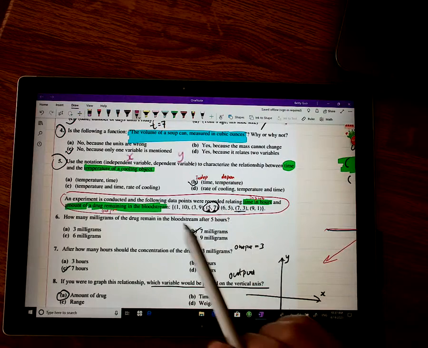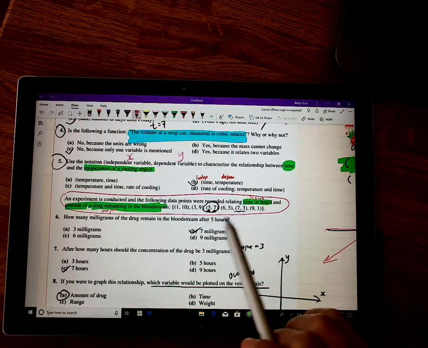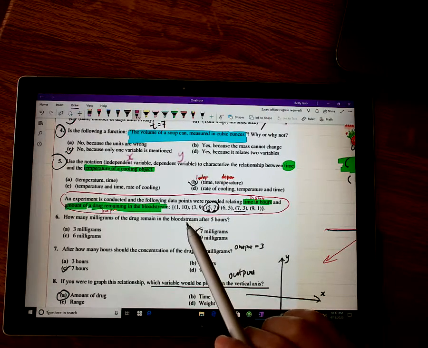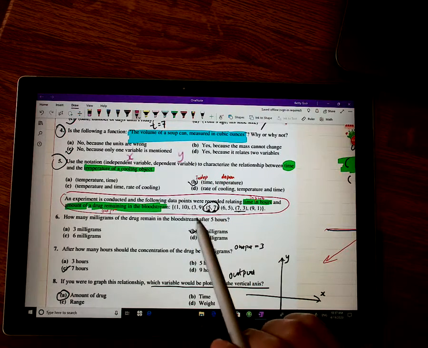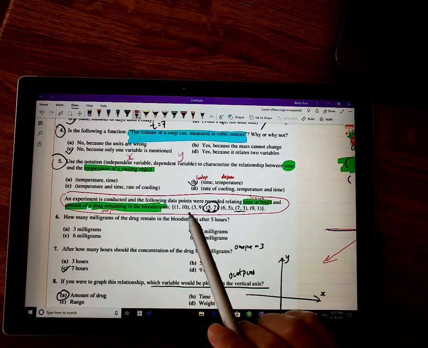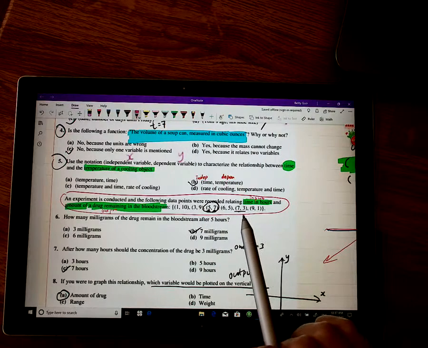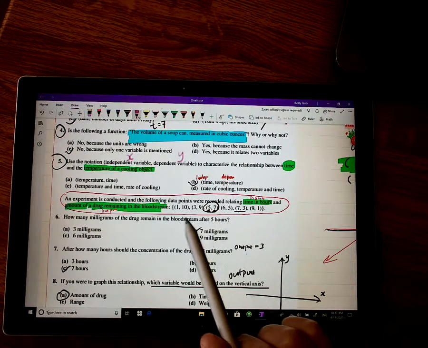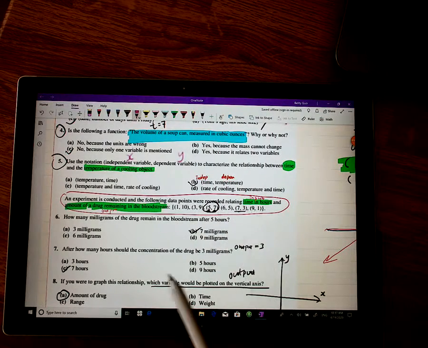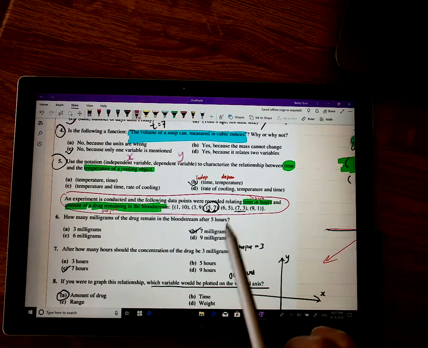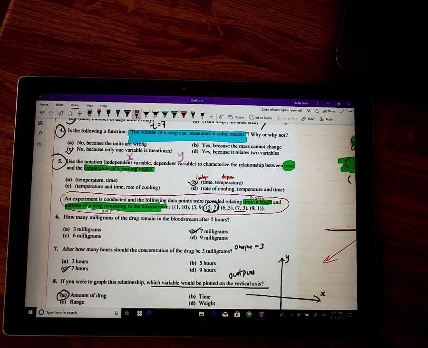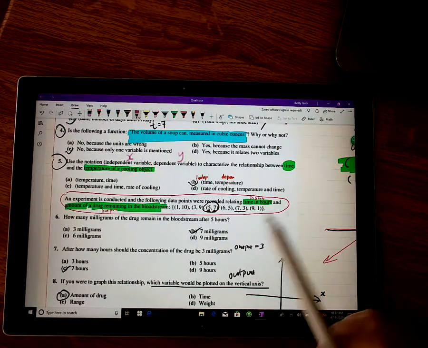So we are told this is a function, because you can see for each domain element there's only one range element. The function has 1, 2, 3, 4, 5, 6 ordered number pairs. We're going to answer the following questions based on the information given up front.